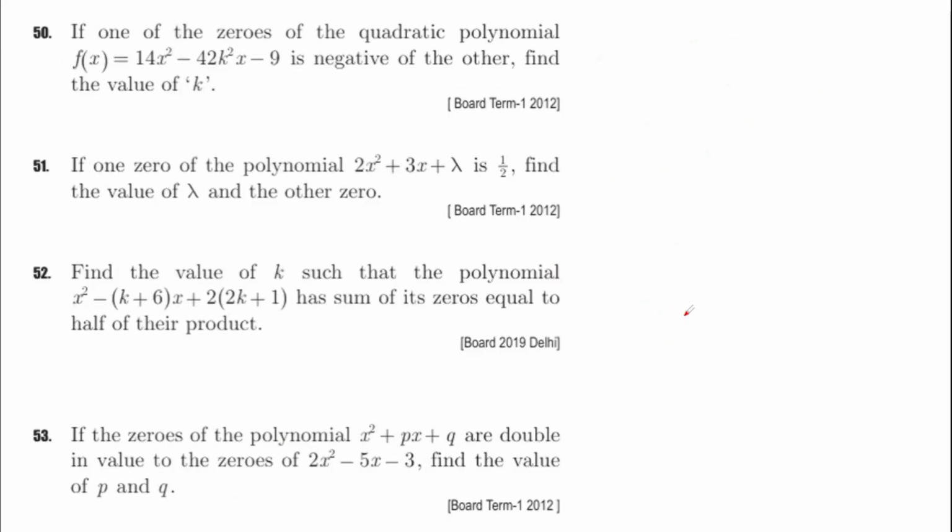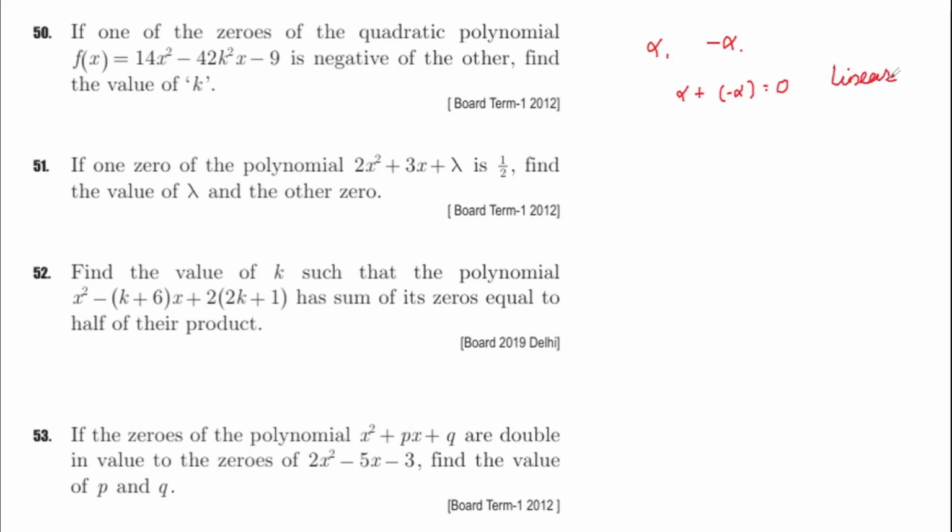Okay. Let's move to question number 50. If one of the zeros of the quadratic polynomial is the negative of the other, find the value of k. Already we have discussed this concept in our previous class, that if one zero is alpha and another is the negative of the first one, that is minus alpha, then what will happen? Now alpha plus minus alpha will get cancelled, and this kind of polynomial will have no linear term.